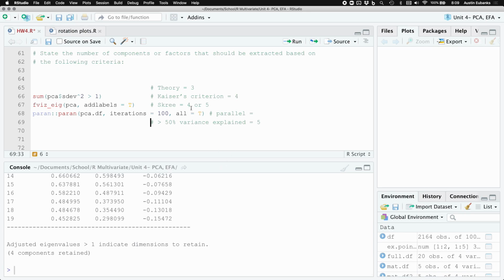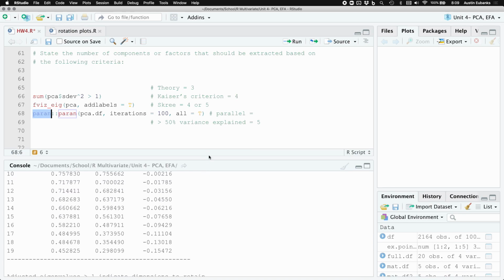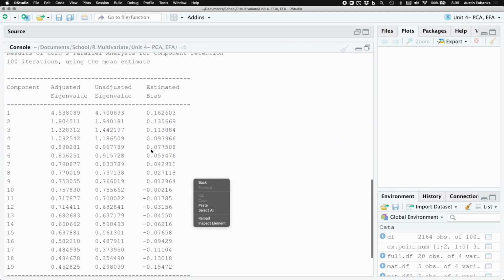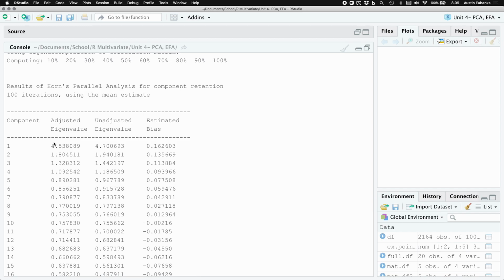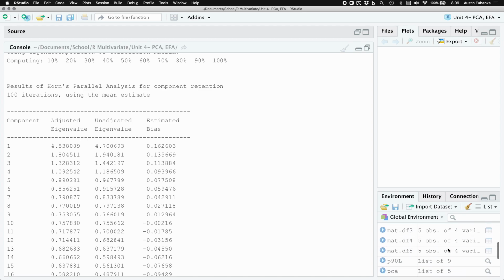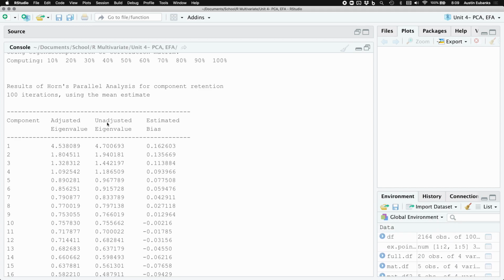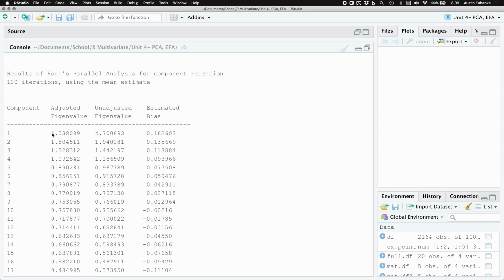Whenever you run that function, this is what your output will look like. What this is telling you is that when you take these 19 variables across the 2,164 rows, insert random data into them, and then do a PCA, we look at these adjusted eigenvalues.